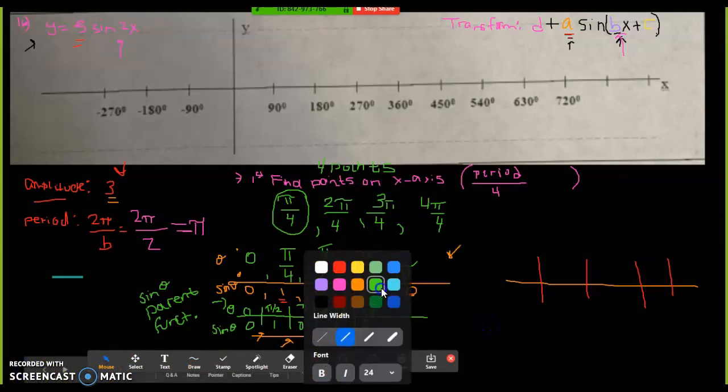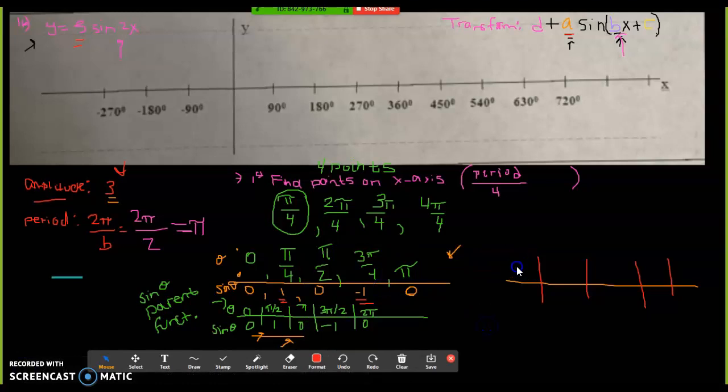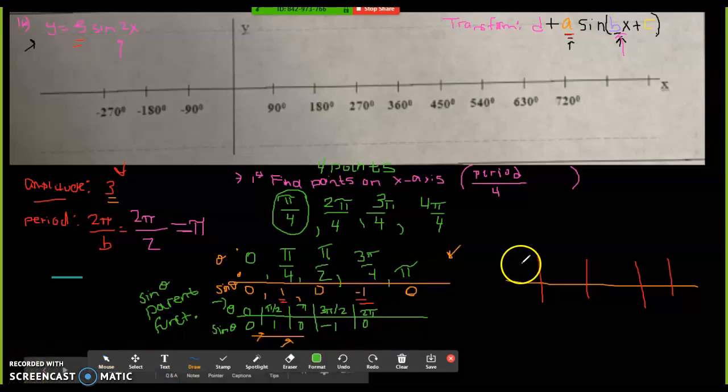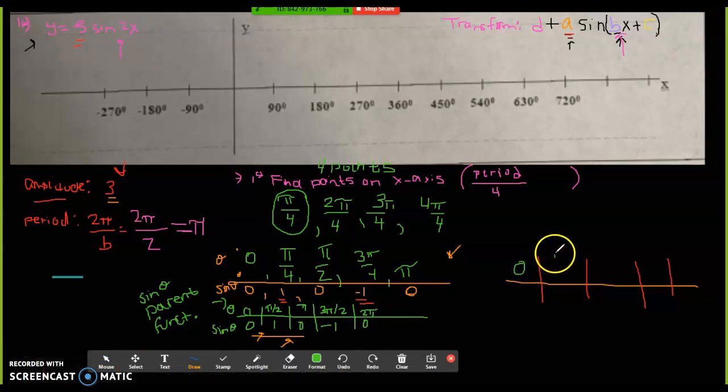So I will have the new points. My new angle, my theta, I will have 0, pi over 4, pi over 2, 3 pi over 4, and I'll have pi, and then my points are going to be at 0, 3, 0, -3, and 0.